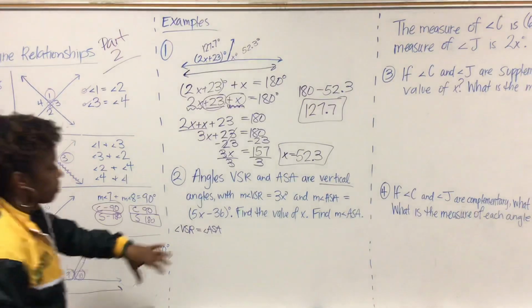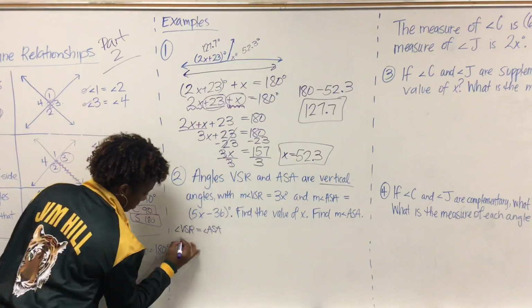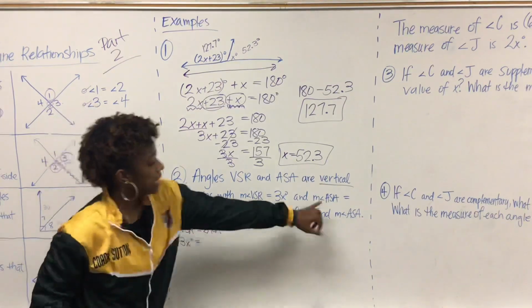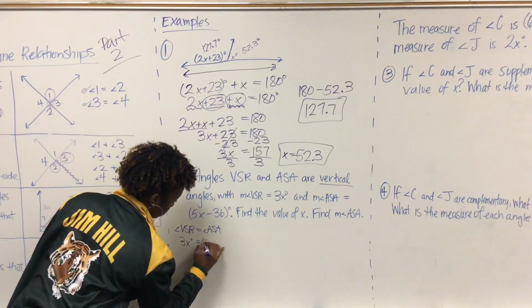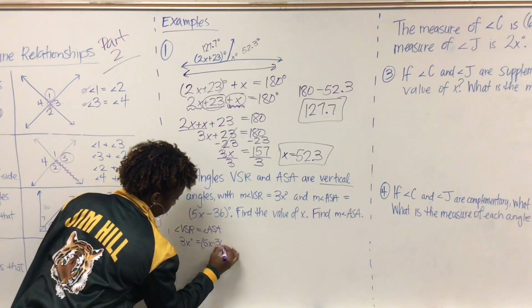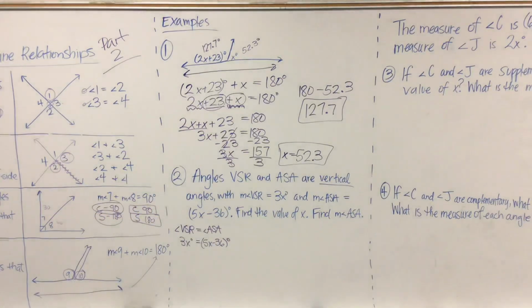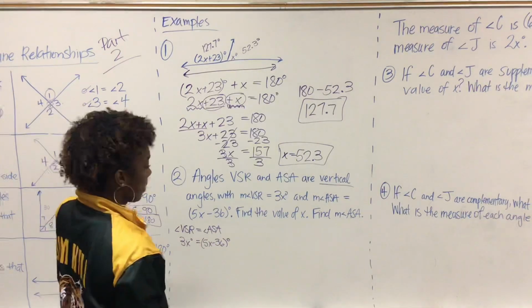All right. So angle VSR is 3x equals angle ASA, which is 5x minus 36 degrees. Now we want to find the value of x, that's 1, and then secondly we want to find the value of angle ASA.